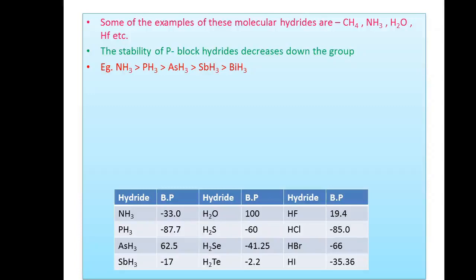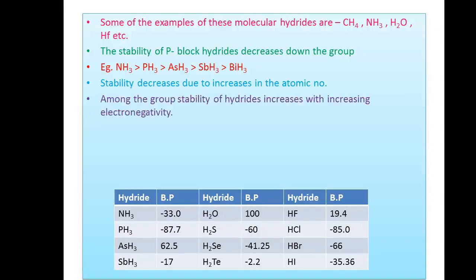That means stability decreases because atomic number increases. Across the period, the stability of hydrides increases with increasing electronegativity, because of the very strong interaction of the electronegative atom with hydrogen.